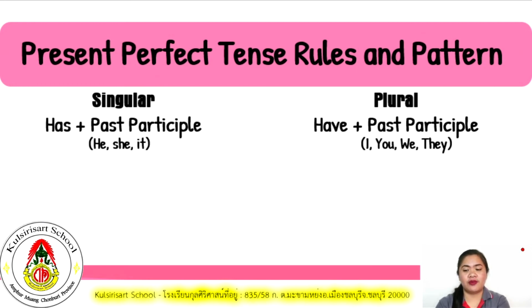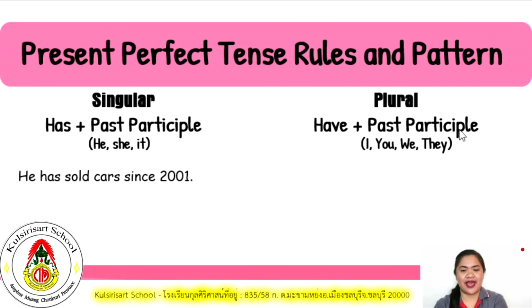Again, when we talk about plural, it is two or many. And if these pronouns I, you, we, they, although I is not plural, it follows the rule of a plural because it is an exception. I and you are an exception in this rule, meaning that if your subject is I or you, you are going to use have plus past participle of the verb.